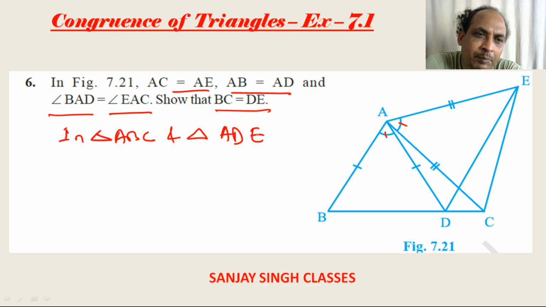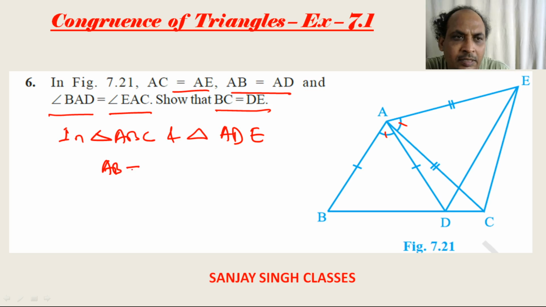So in triangle ABC, we do have AB is equal to AD, given, right?